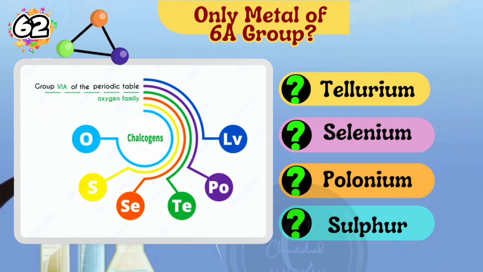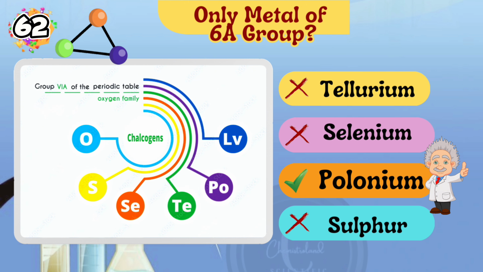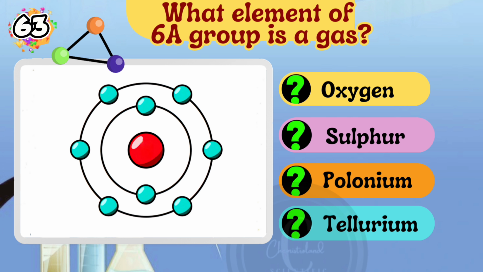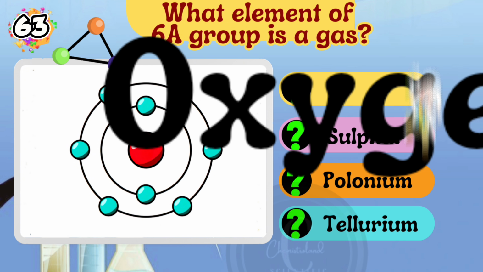Any idea about the only metal of 6A group? It is polonium. What element of 6A group is a gas? Brilliant, it's oxygen.